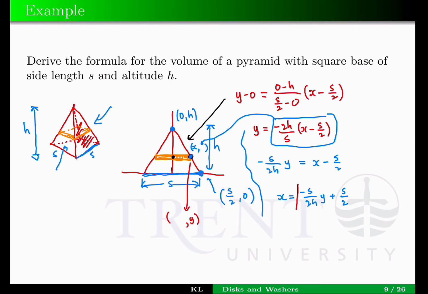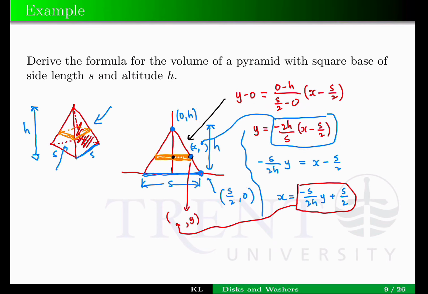And this expression here will be on the x coordinate. So for every point y, say this is the y, that is your x value. If this was your y, then you can just put it here.